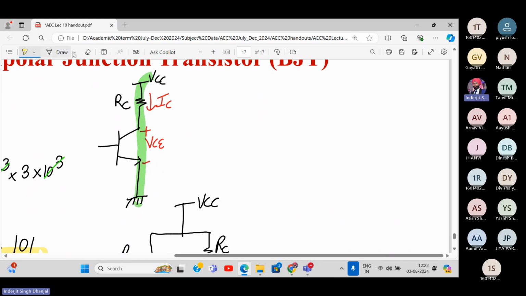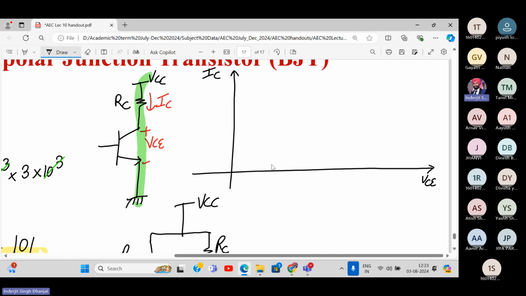We have already seen how the DC load line should be. I mean, plot the Q point on it. So let's do it. This is IC. This is VCE. What are the two coordinates of the DC load line? Anyone can tell me? VCC, comma 0. In our numerical, 10 volts, comma 0, right?